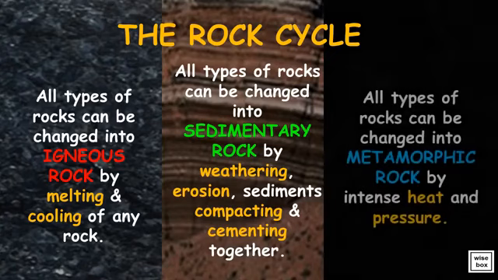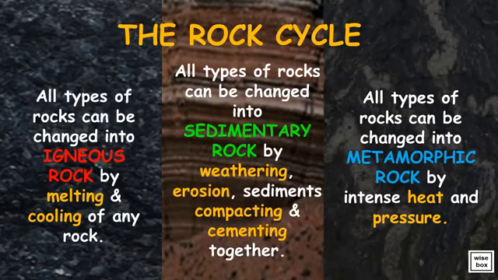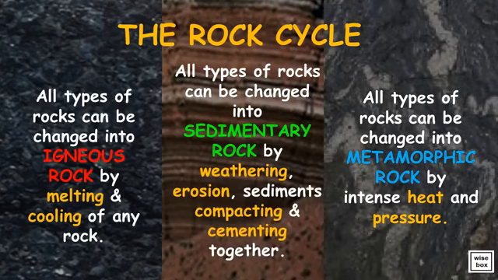All types of rocks can be changed into metamorphic rock by intense heat and pressure. This constant change of rocks, from one form to another, is the rock cycle.